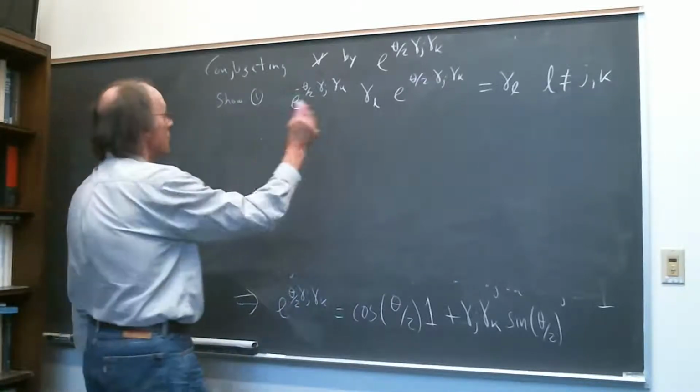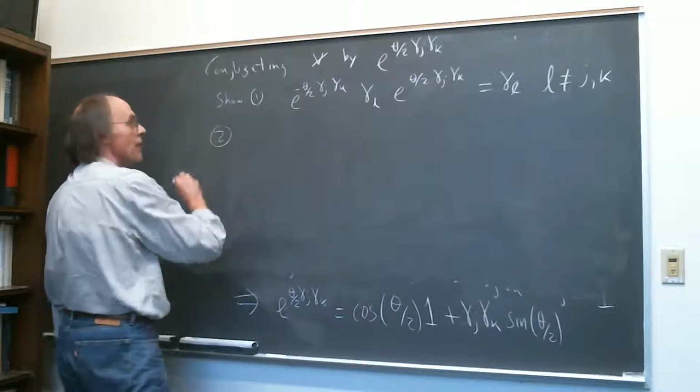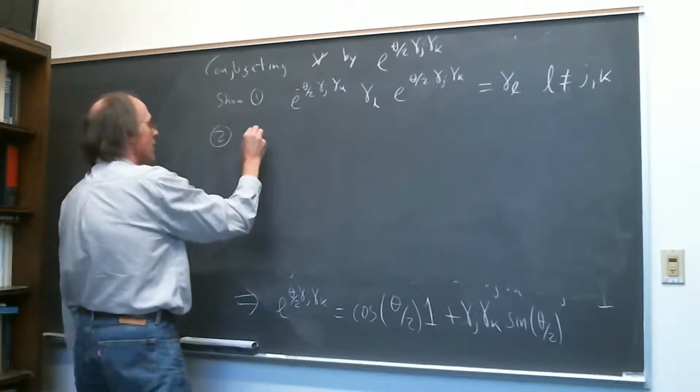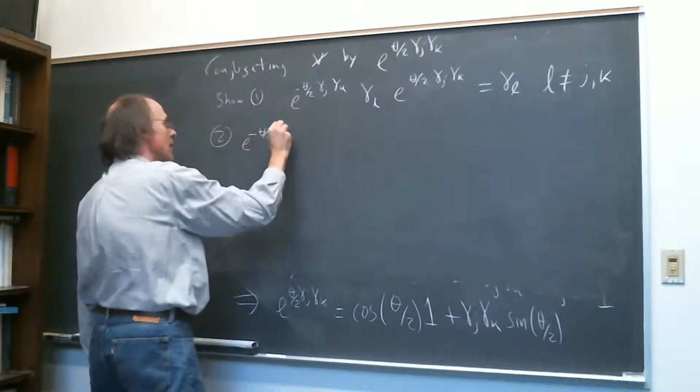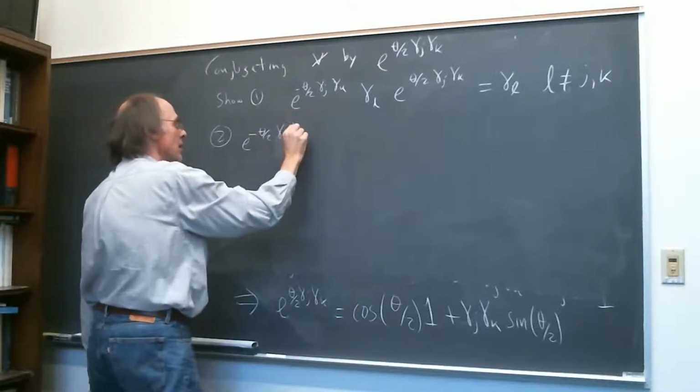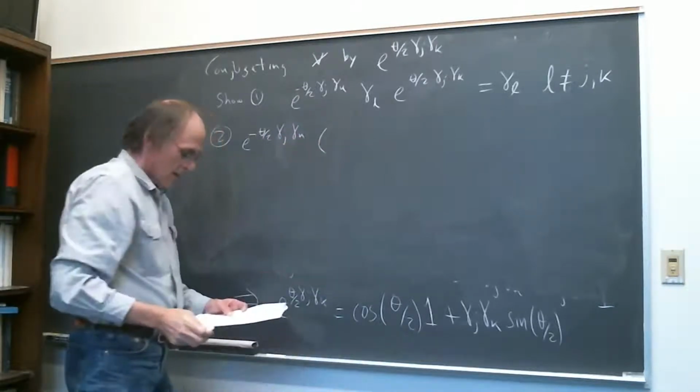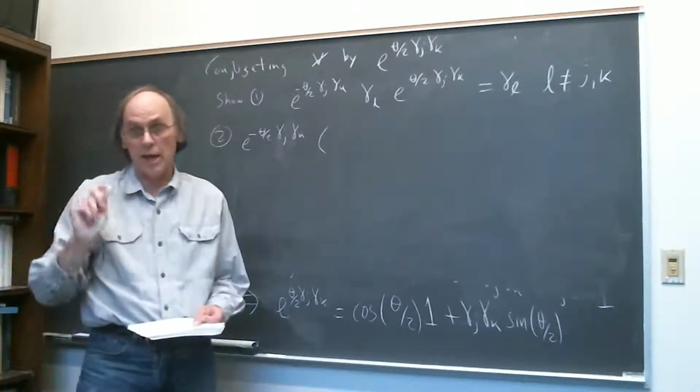So that's good if it's a rotation. And then what you have to show is, if you take e to the minus... if you conjugate something that's in the jk plane.